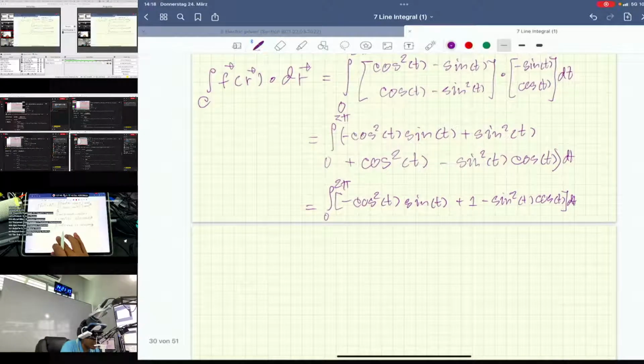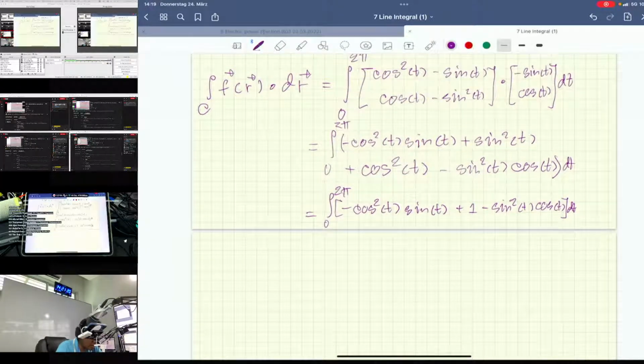So now, of course, you have three terms.